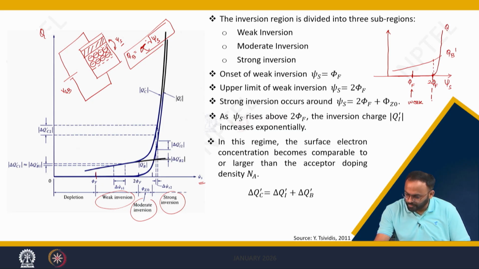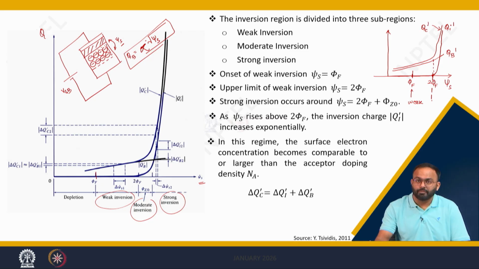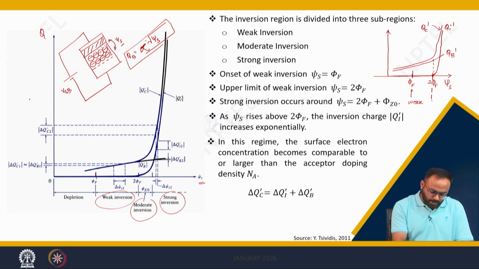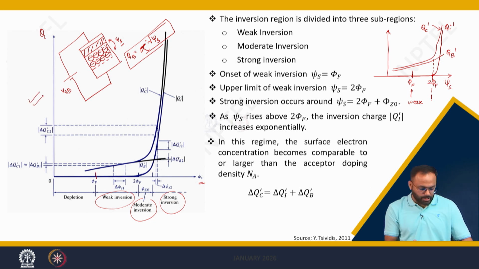So, this is your inversion charge. Because of exponential dependency, the inversion charge increases beyond 2 phi_f, and if you take a sum of this, the graph will give you the total channel charge, which is nothing but Q_i dash plus Q_B dash. We will discuss this graph in more detail in the next lecture.